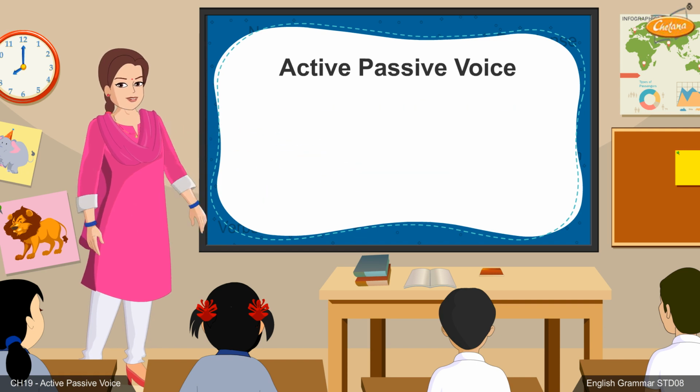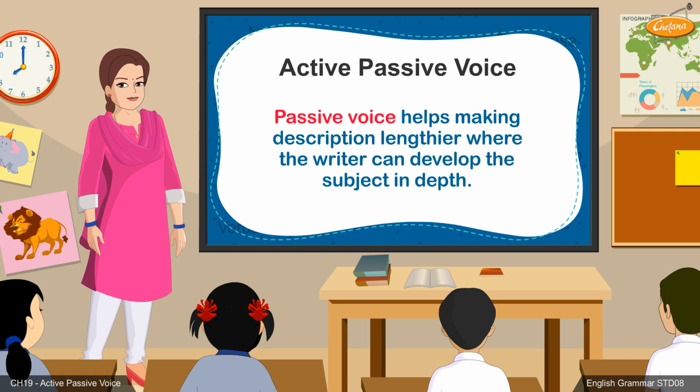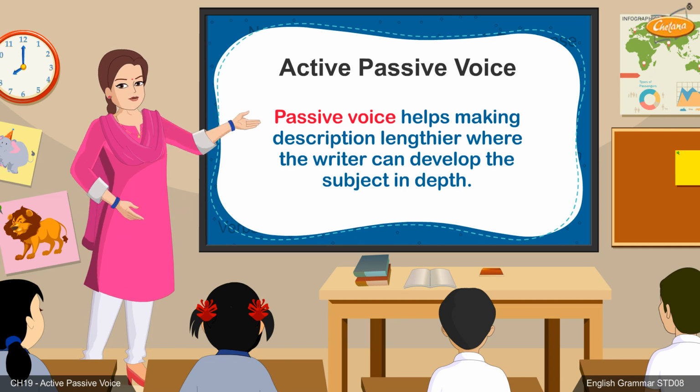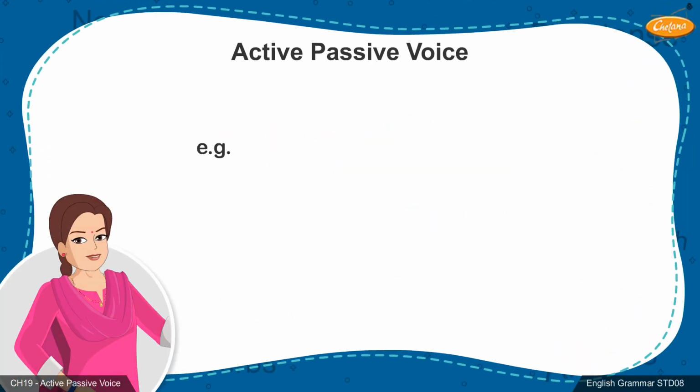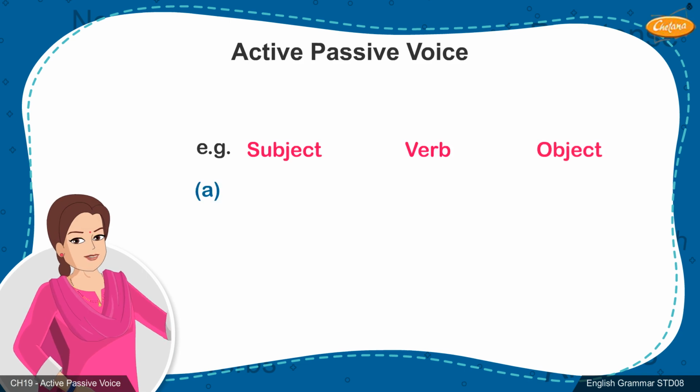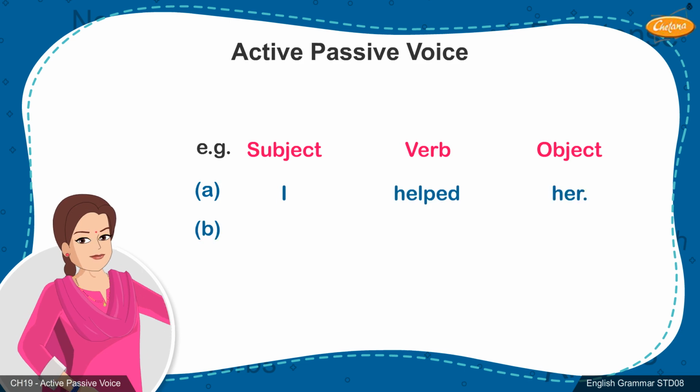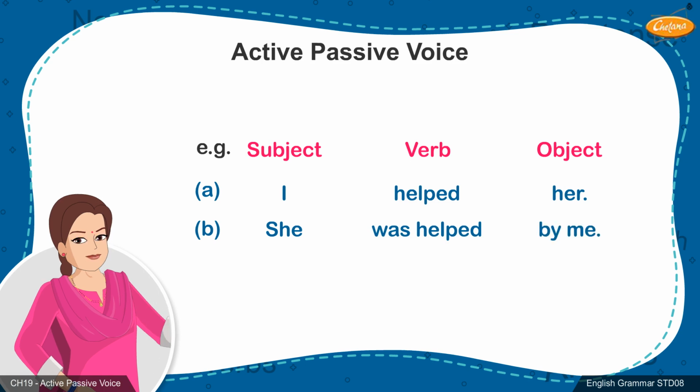On the other hand, passive voice helps make description lengthier, where the writer can develop the subject in depth. Let us observe the following sentences carefully. Example: subject, verb, object. A. I helped her. B. She was helped by me.